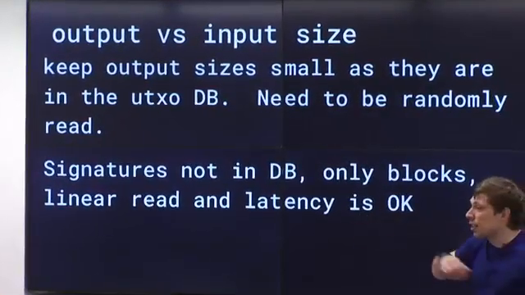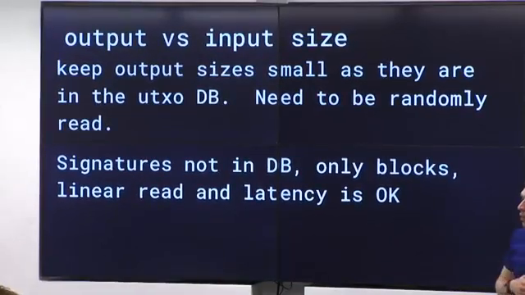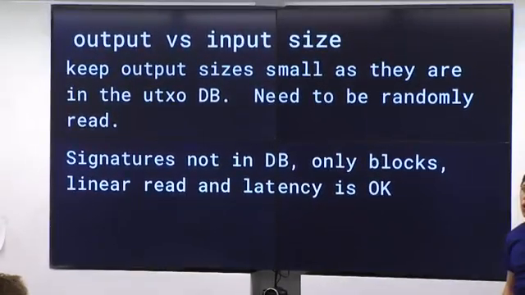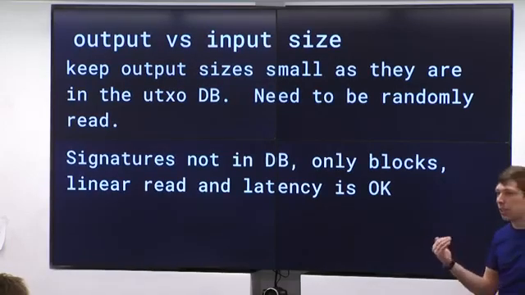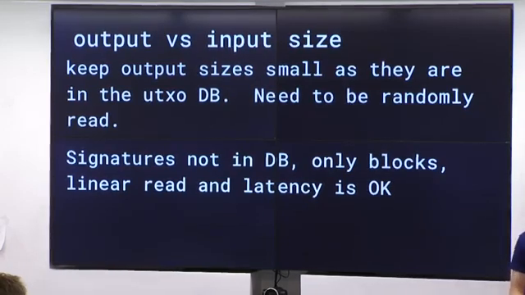The signatures don't have to be in any database. They're just in these old blocks, and you read from them linearly. Basically, you read the whole block at a time, and high latency is fine. There's never any timing critical reads for this. So you could store the blocks as just files on your hard drive, block1.dat, block2.dat, and have 500,000 files, because you always read them a block at a time.